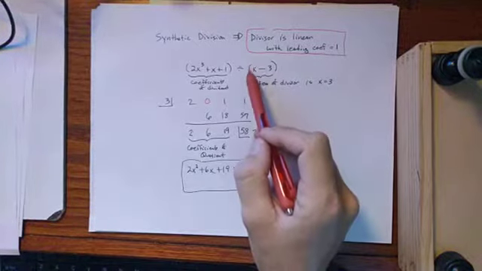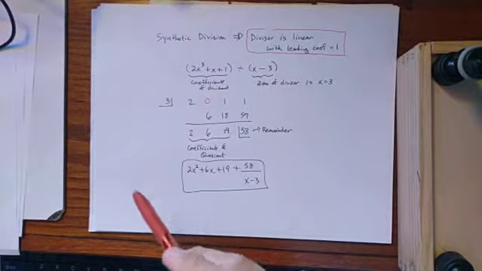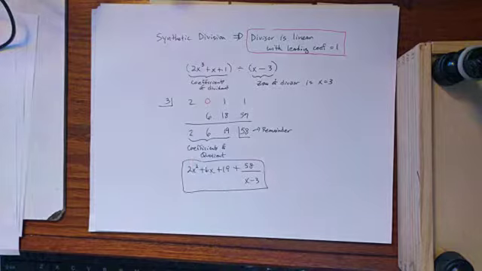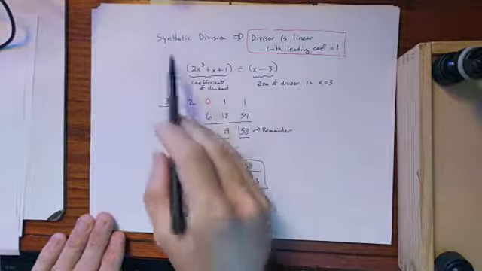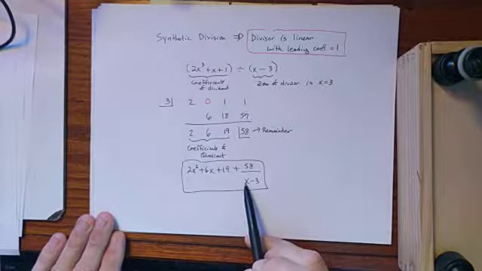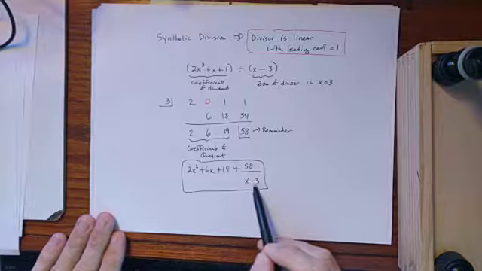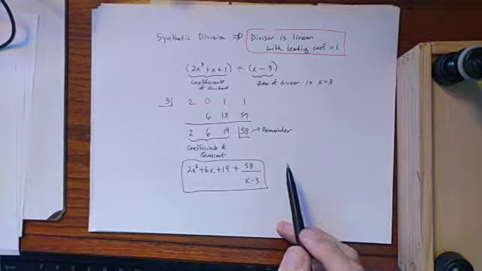If it wasn't starting with a 1, there is a way to do this where you can multiply and divide back again to make it 1 and kind of trick the process, but I would advise against that. I would only do synthetic division if you're dividing by 1x plus or minus a number. Okay. All right. So there's the 2.3 part.